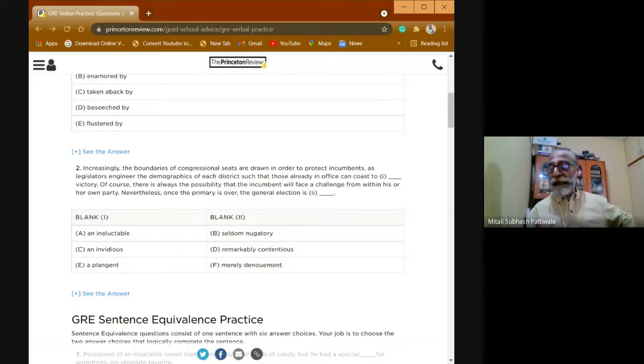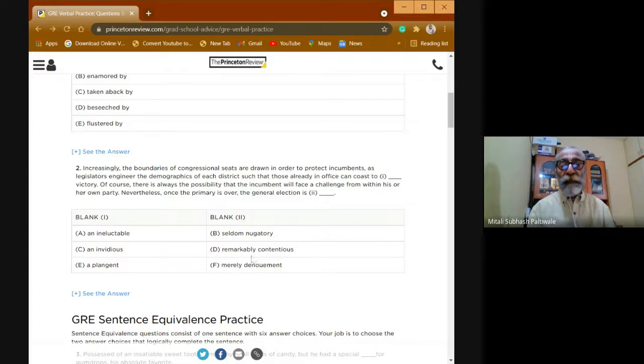Seldom nugatory means it is seldom they can win. Seldom means very rare, 1 out of 1,000 or 1 out of 1,00,000 or 1 out of 10,000. That is what seldom is. Very rare chances. So it cannot be that, because it is again a contradiction to the sentence.